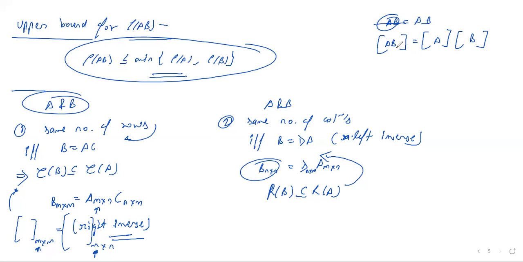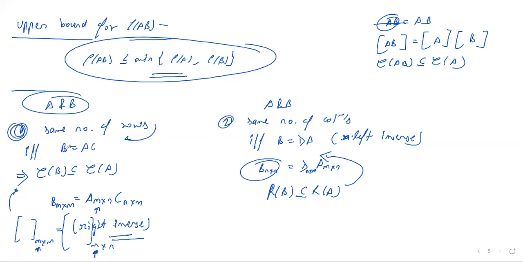Now if you look at it like this, by using the concept of the same number of rows, what will be the case here? The column space of AB would be a subset of the column space of A by the first rule.